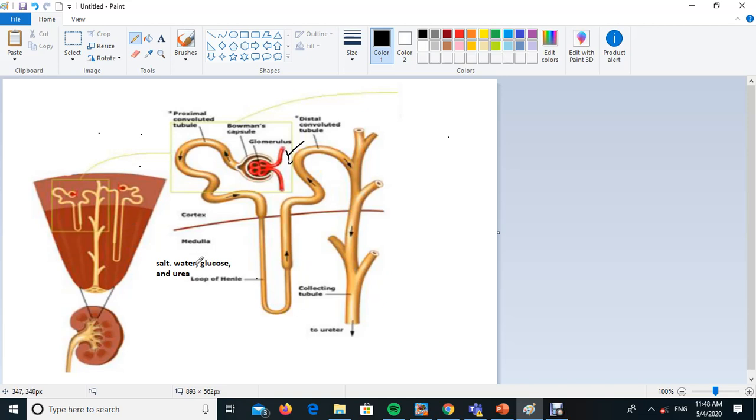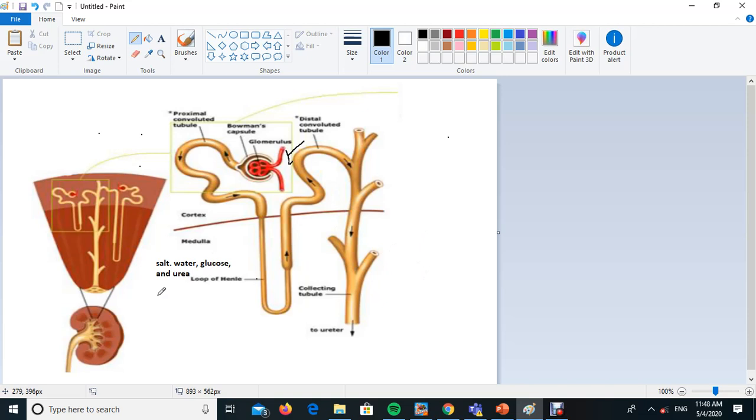Also, not all of the glucose goes out, and not all of the salt goes out in the urine. So 99% of the water in the glomerulus goes to the nephrons. If it goes out as urine, we get dehydrated.